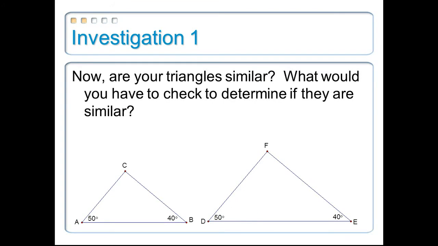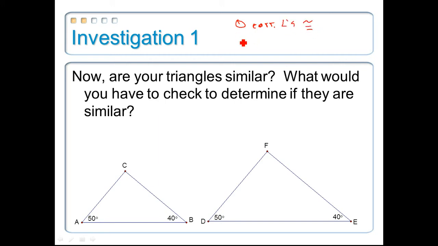Are your triangles similar? We know those are the only two things for sure. So we don't have any shortcuts at this point. So we have to ask ourselves, what could we do to show that the triangles are similar? Well, remember for triangle similarity, there are two conditions. The first condition, so I'll do it up here, is that corresponding angles are congruent.